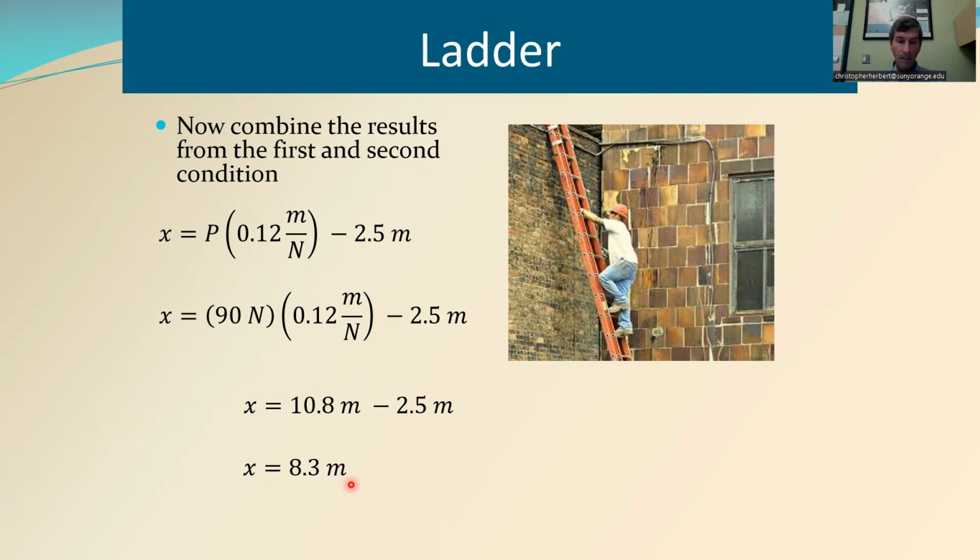Now, again, 100 newtons is not a realistic weight for a person. It's probably going to be much greater than that. So if I had a greater force there, they probably wouldn't be able to climb as high. And that's why it's very important when you're going up a ladder that the higher you go, the less stable it becomes, based on whatever frictional force you have on the base.